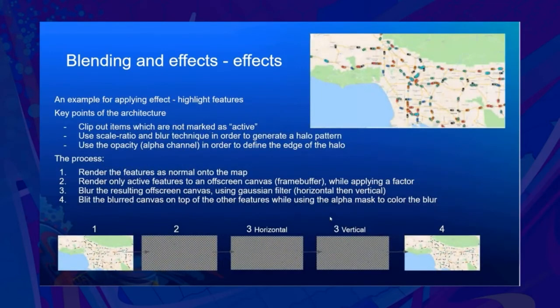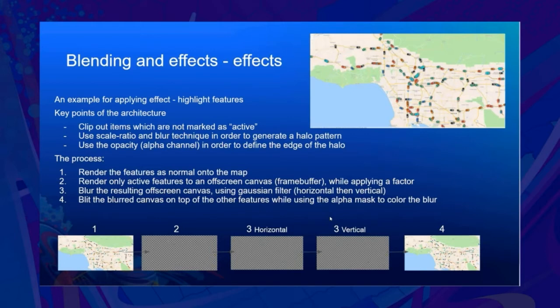Looking at an example that I've written for the purpose of this talk, applying an effect. And by the way, effects don't necessarily need to be applied to a static image or static data. In this case, it's going to be applied to dynamic cars, implemented as a custom layer.